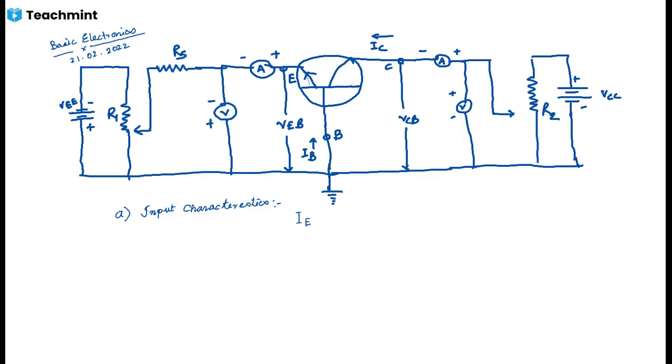Voltage is on the x-axis, so it will be VEB, the emitter to base voltage, versus IE, keeping the output collector to base voltage VCB constant.